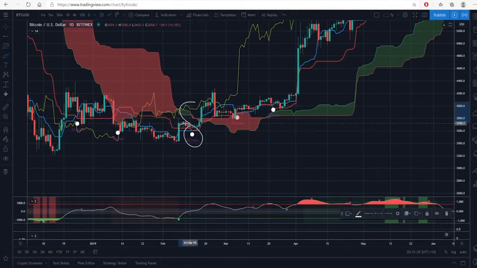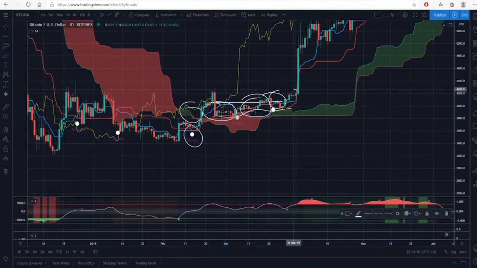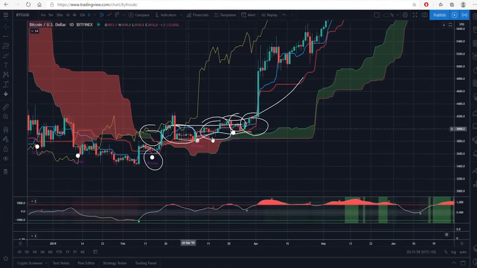We've got Chikou breaking above the cloud, and we've then got price action breaking above the cloud here. Yes, we're trending sideways a little bit here on the daily, but as you can see, the angle of our base and conversion lines has really started to rocket up from here, and everything is ranging above the cloud. Our baseline, our conversion line, we've got a green Kumo twist here. We've got a green cloud. Our Chikou is broken above the cloud.